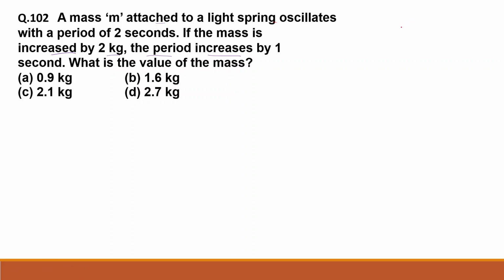I will consider here a mass hanging. Mass m is attached to a light spring that oscillates with a period of 2 seconds. This one will be k. Here the spring is taken as light.